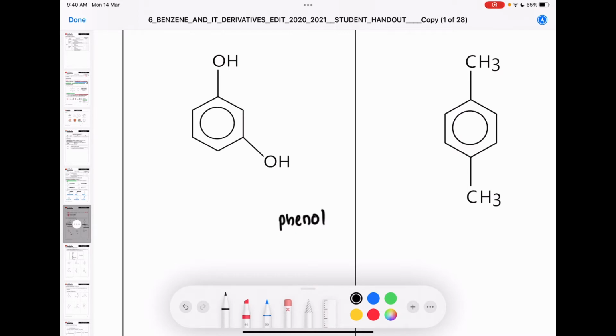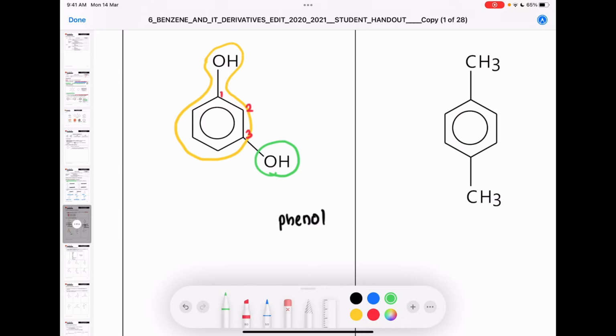Say I'm choosing this as the parent chain. Therefore, my carbon number 1 will be this. If you choose this OH together with the benzene to be the parent chain, that OH will be carbon number 1. So this is carbon number 2 and this is carbon number 3. This one will be the substituent.